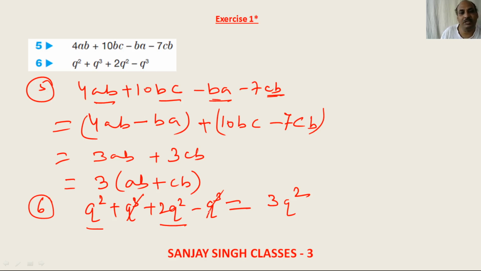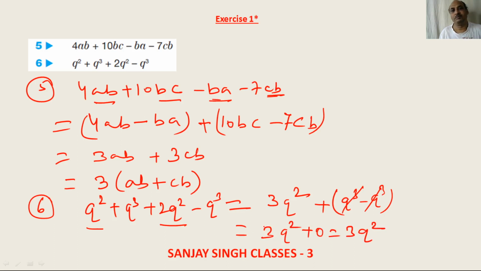Subtraction, it will become 0. So plus Q cube minus Q cube, this one will become 0. So 3Q square plus 0 will be equal to 3Q square.